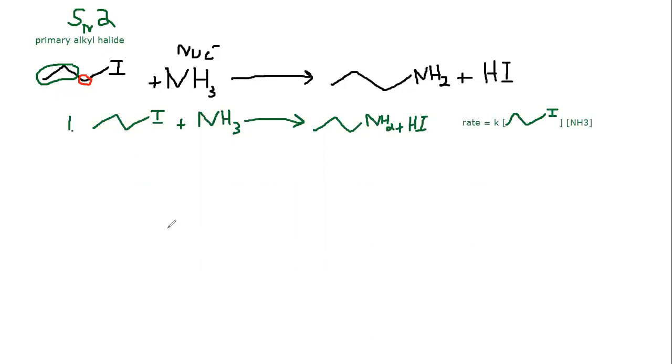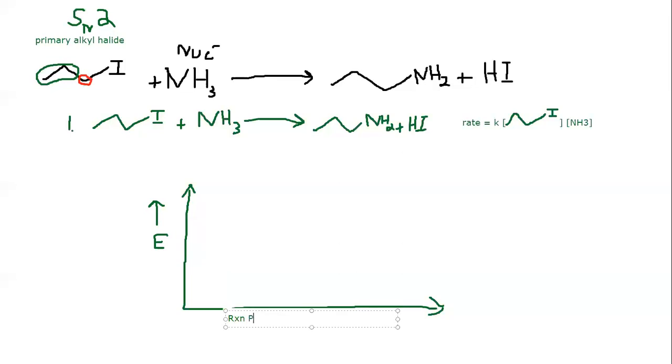So now, what would the energy diagram look like? Again, energy diagram, we have energy and reaction progress. So now since it's one step, it's only going to have one activation energy.